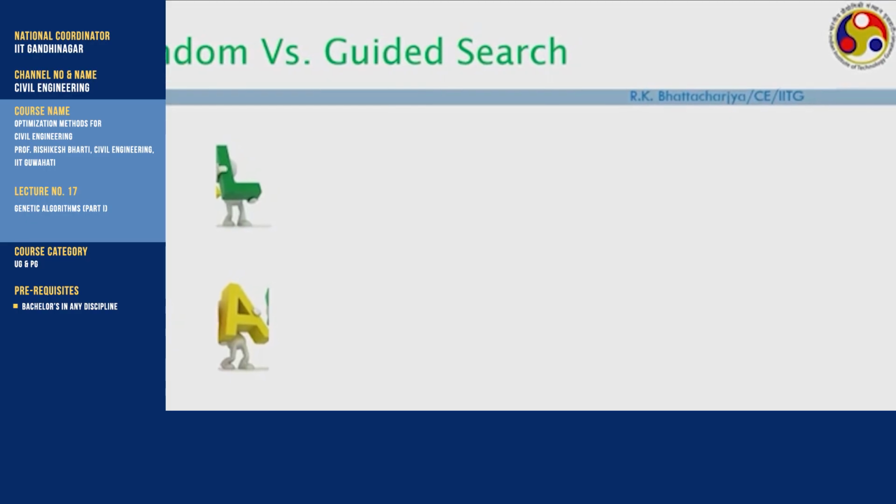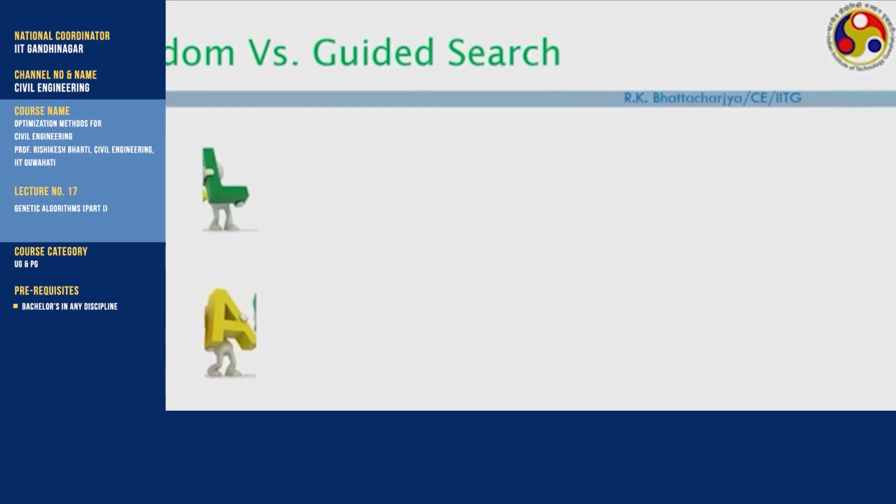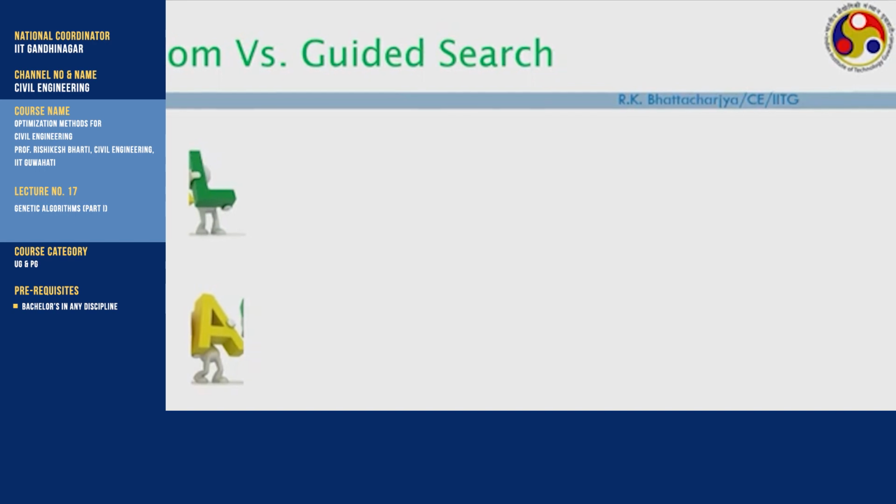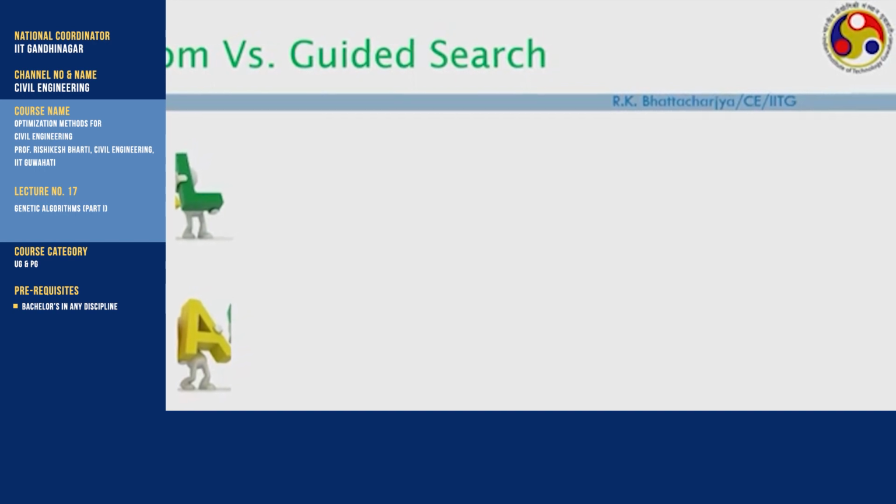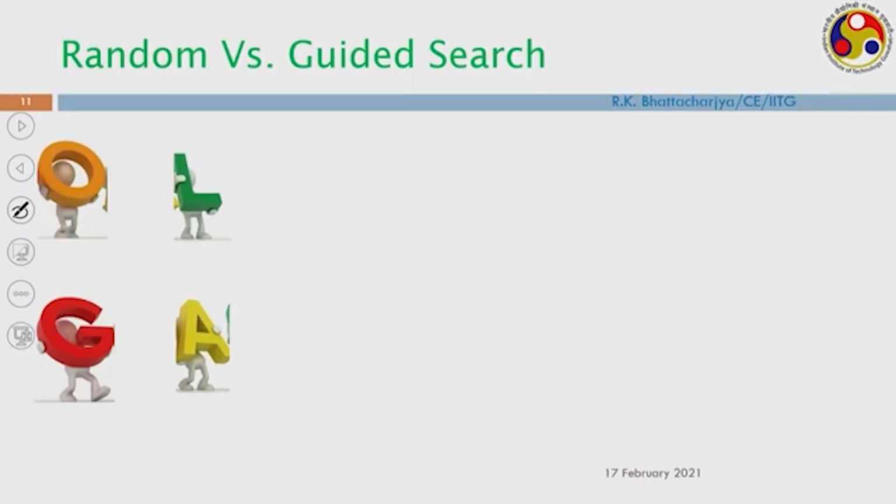Now, I am asking you to create the word goal using these letters. So, that is not that difficult. You can arrange these letters as G, O, A, L, goal, you can arrange the letters in that order, and you can write the word goal. So, this is not a difficult problem.